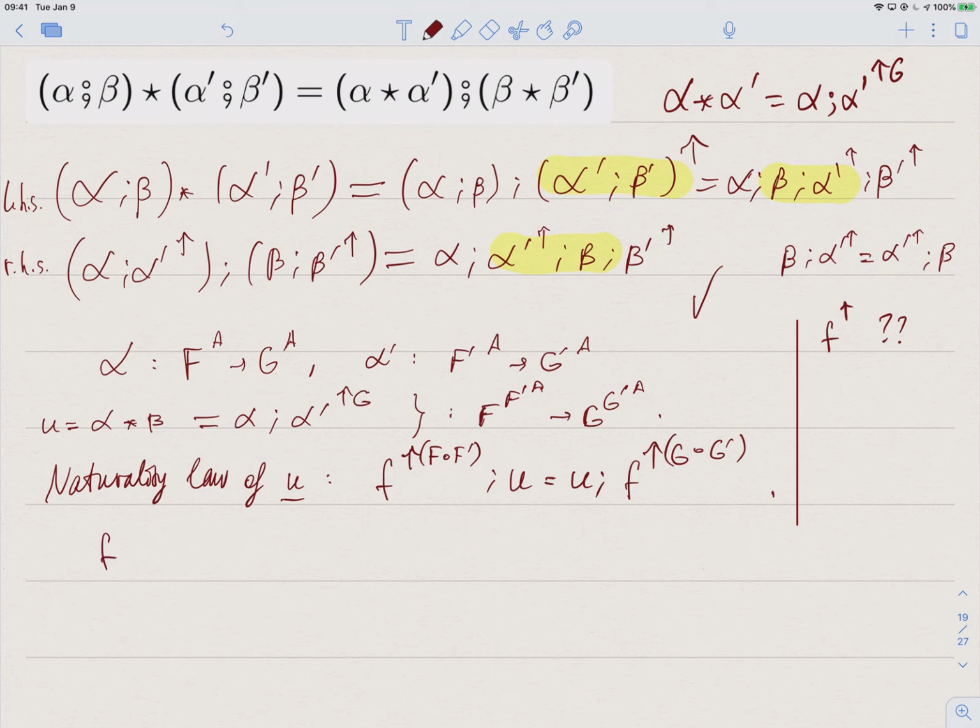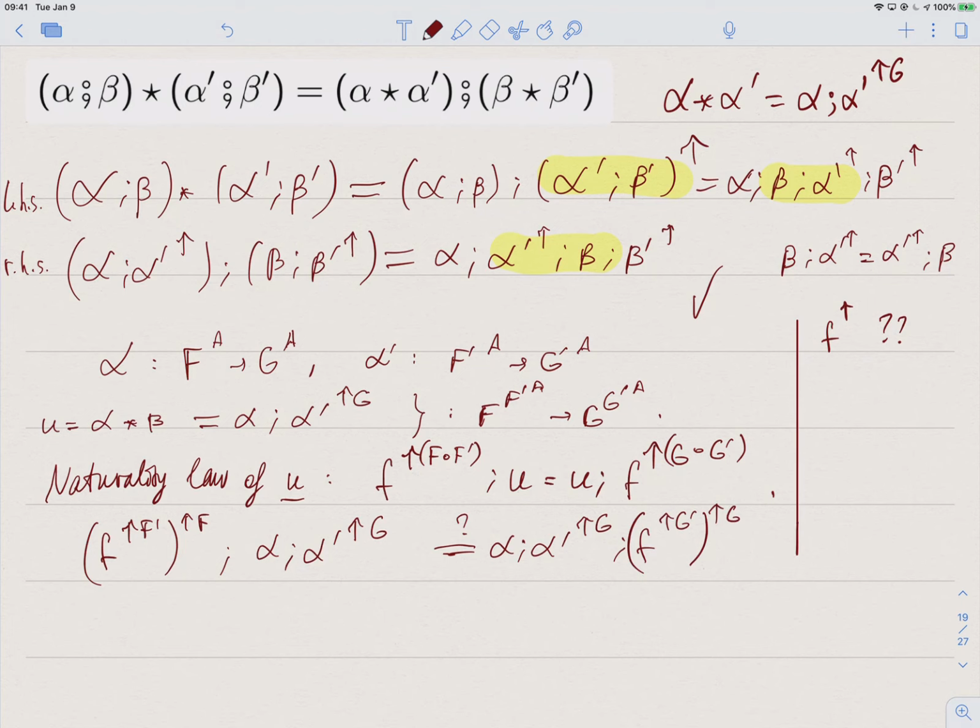So it's f lifted to f prime and then lifted to f. U is alpha, alpha prime lifted to g, and that should be equal to alpha, alpha prime lifted to g, and then f lifted to g prime lifted to g. So this is what we want to show now.